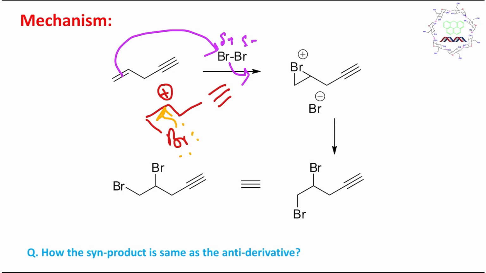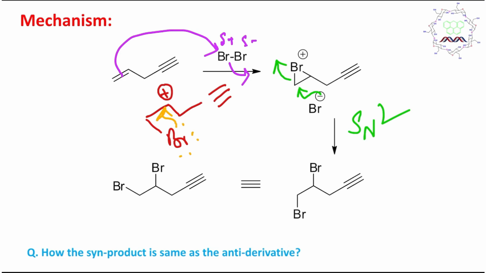Now obviously along with this Br plus, means this cationic organic moiety, there is bromide anion also, and this bromide anion attacks via SN2 fashion and opens up this 3-member ring. Okay, so through this SN2 type reaction it produces this anti-type 1,2-dibromo product or vicinal dibromide.